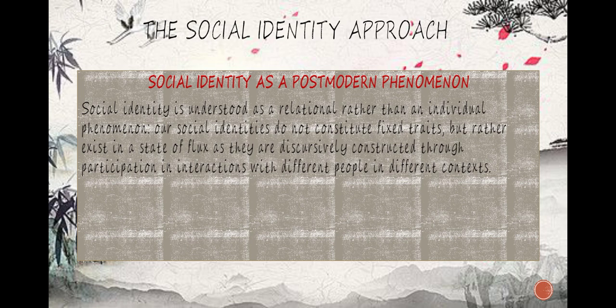So the first point is about social identity as a postmodern phenomenon. Social identity is understood as a relational rather than an individual phenomenon. Our social identities do not constitute fixed traits, but rather exist in a state of flux as they are discursively constructed through participation in interactions with different people in different contexts.